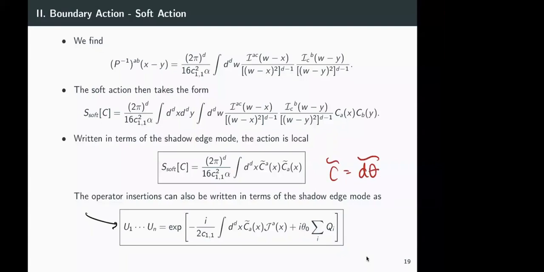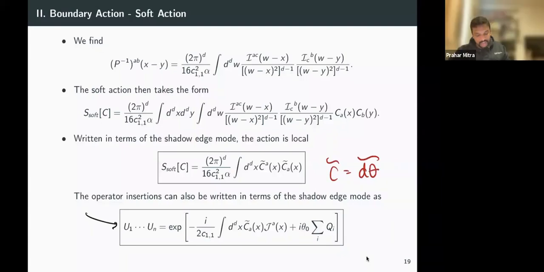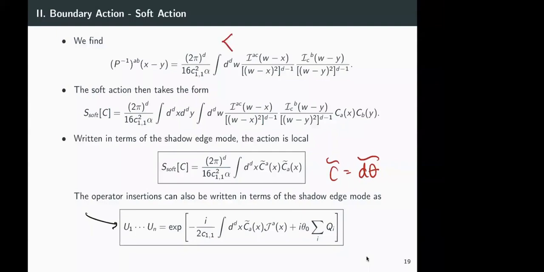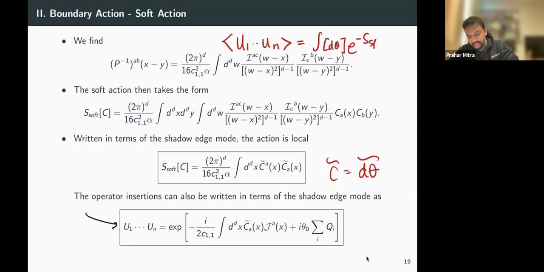No, this is not the action. These are the set of operators. The action. So when I compute u1 to un, this expectation value, it's going to be the integral over d theta e to the minus S soft, and then u1 to un. So this u1 to un factor is what I've shown in this box, and this soft factor is what I've shown in this box.